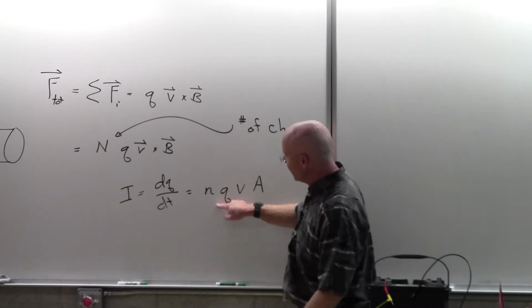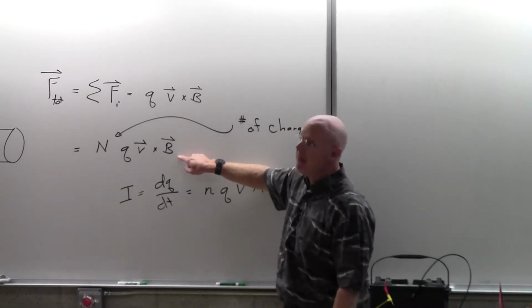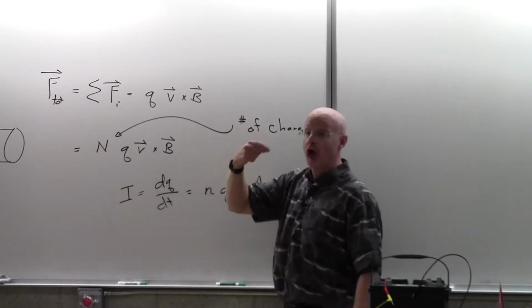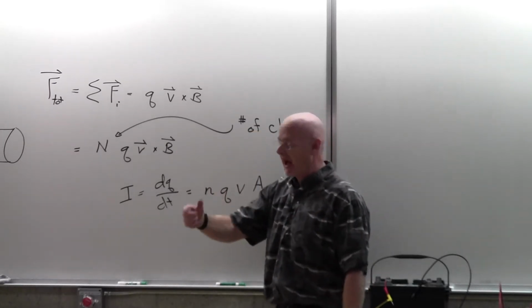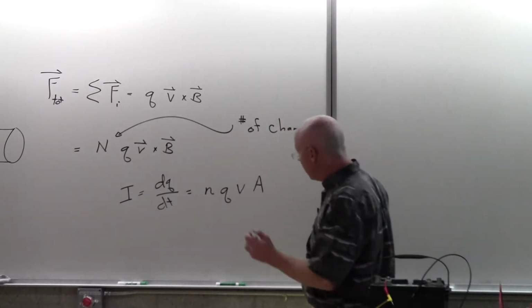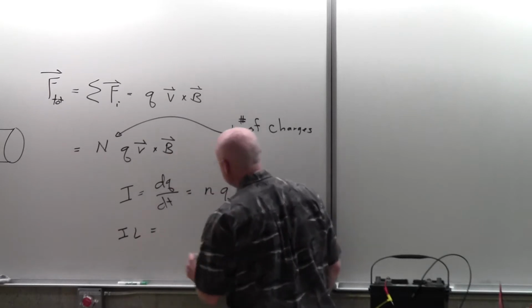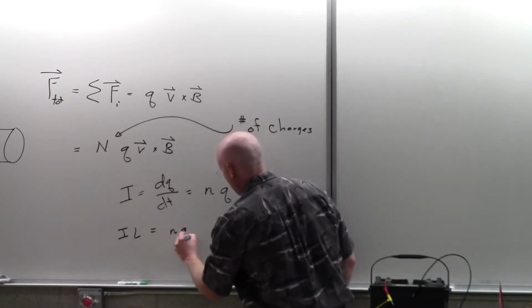And that's looking a lot like this. So we could probably rewrite this equation based on how much current there is instead of how many electrons we have. And that's exactly what we're going to do. Let me take the current and multiply it by the length of the wire.